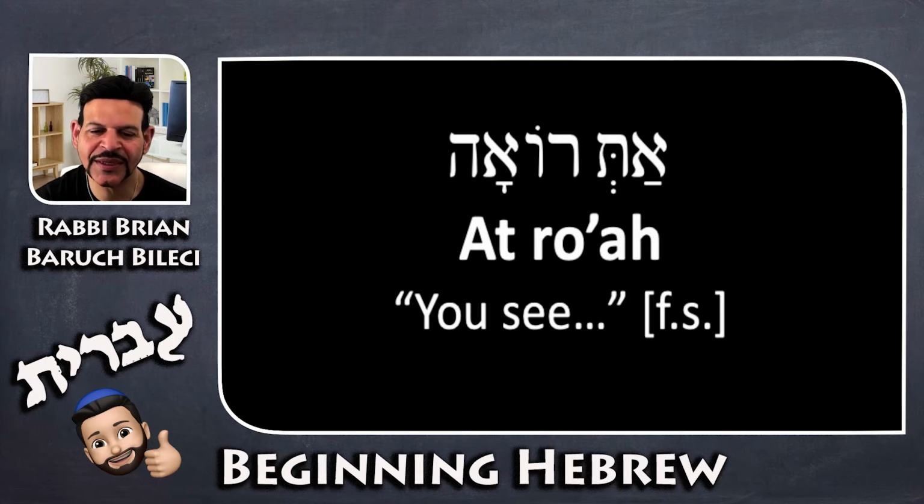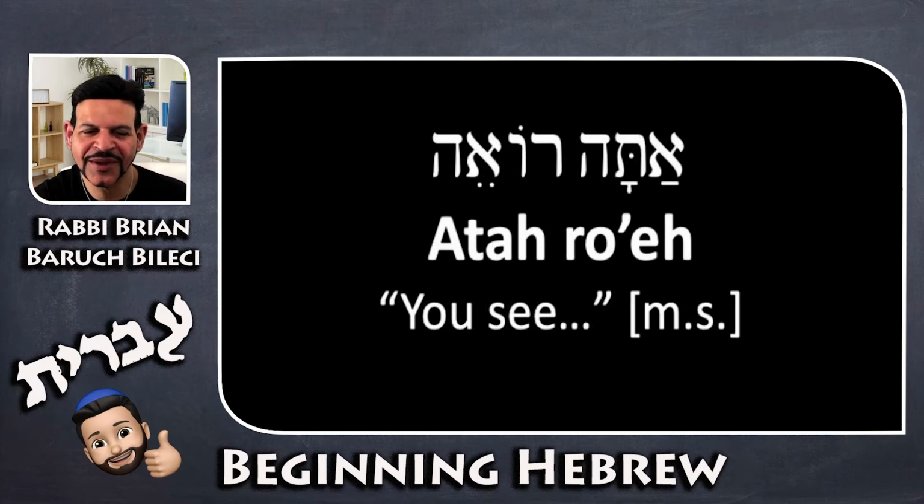So we see, even though at looks like it should be masculine because it kind of ends with that, you'll also see that the tav at the end of a word sometimes indicates a feminine gendered noun or word in Hebrew. So we see here at still works for a female. It just doesn't have the ah sound at the end. It's almost like the male stole that position, or maybe he was just given that position because of the garden.